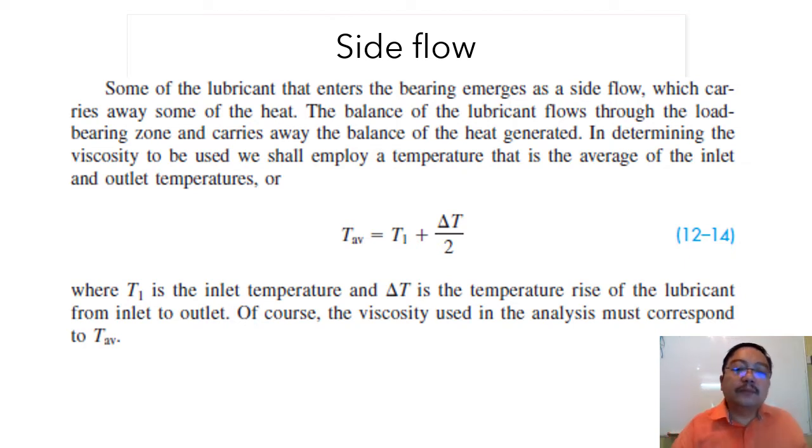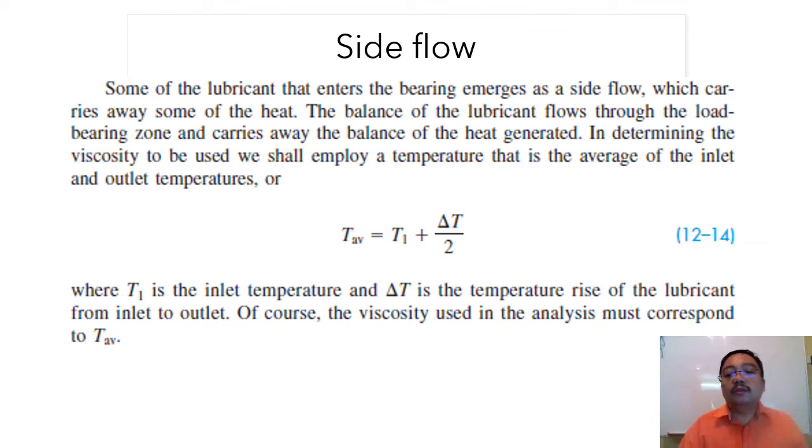Okay, so when something comes in on one side, it will come out on the other side. Along the way, it will collect all the heat and it will go out. The heat generated will come out with the side flow.